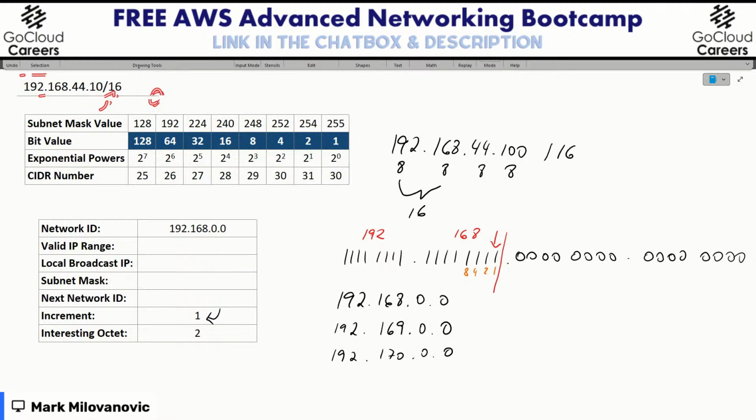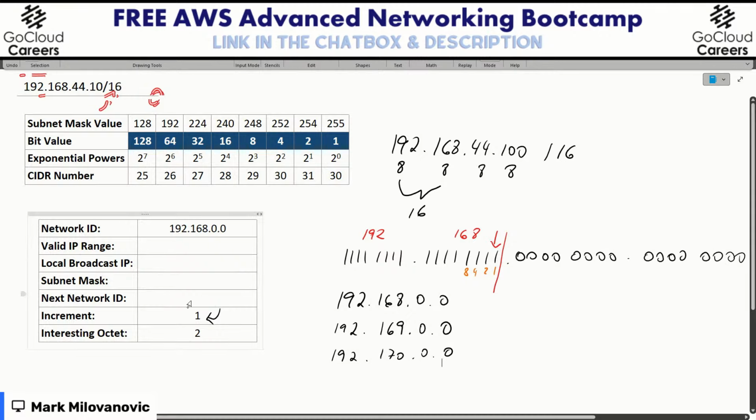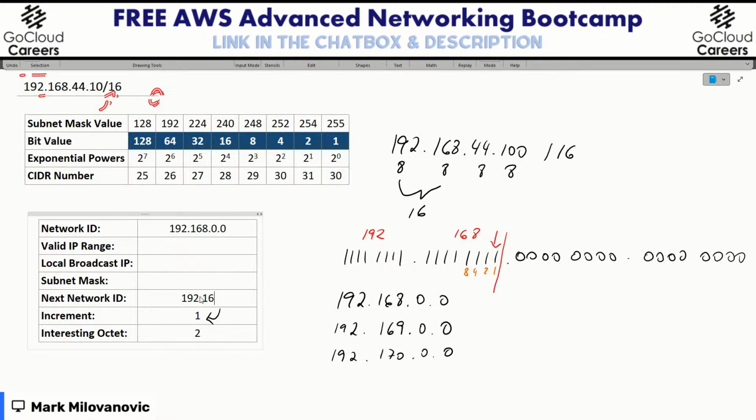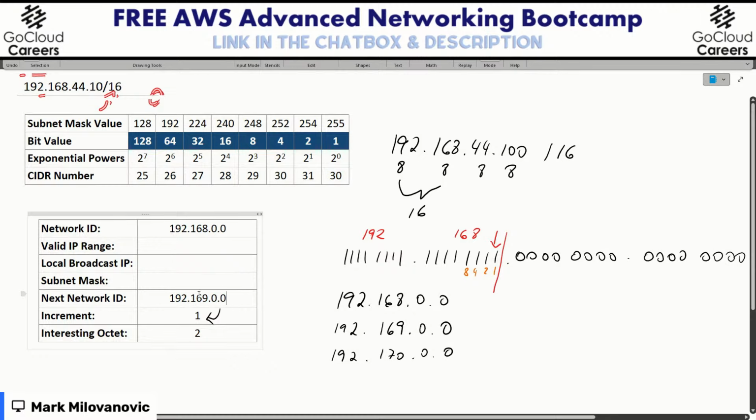Okay, I'm just writing a couple down for you guys so you see it. That's right, the second. So if I'm at 192.168.0.0, my next network is 192.168.1.0. So if this is the next network and I go back 1, meaning I subtract 1, this is what I would get.